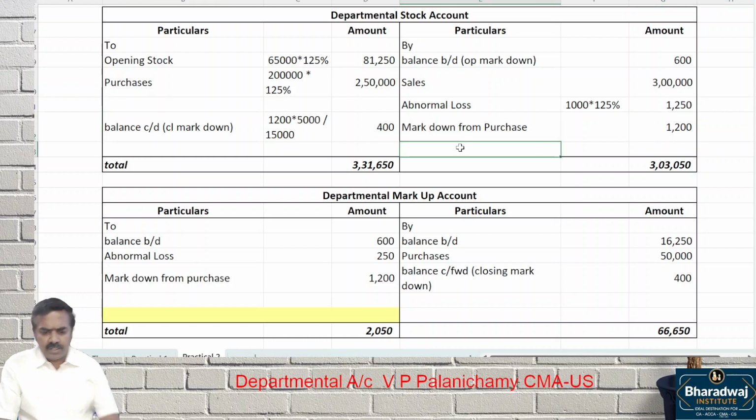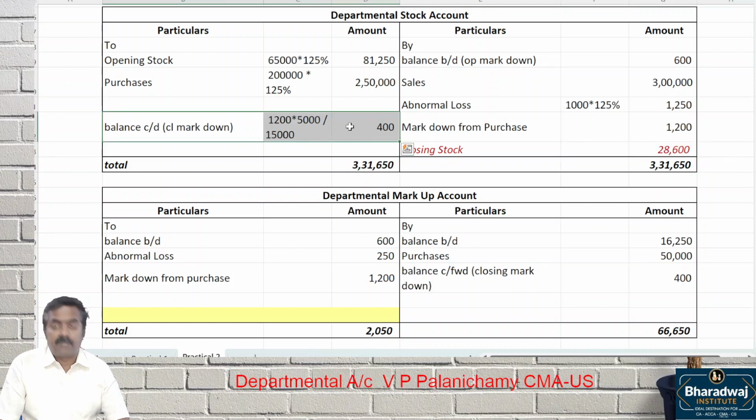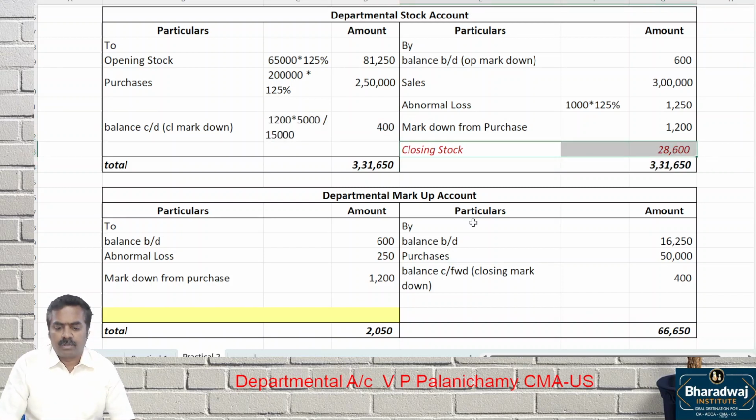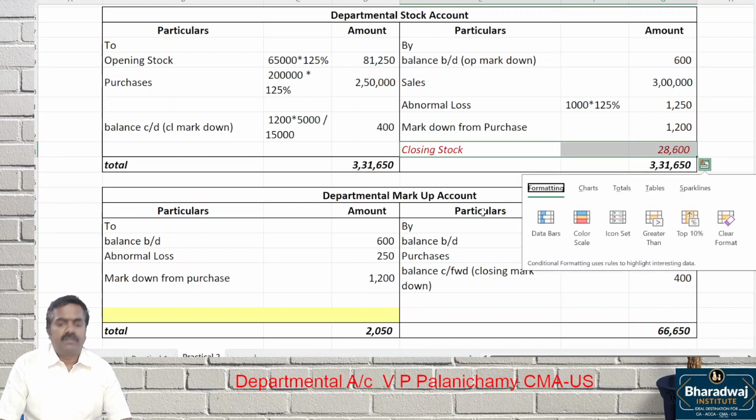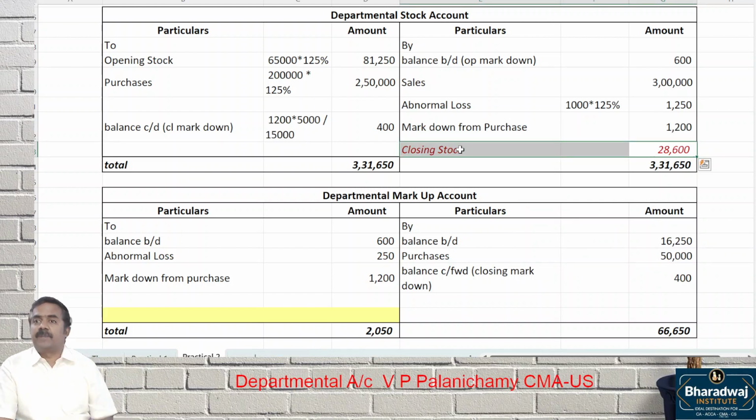If you tally this, you will get the departmental stock account at invoice price. Please remember, we adjusted all markdown and markups during the year. Automatically, you will get the closing stock at invoice price. On that stock reserve, 28,600 into, wait pannunga. This is which price? 28,600 is invoice price. Cost plus 25%. On this, how to work out markup?